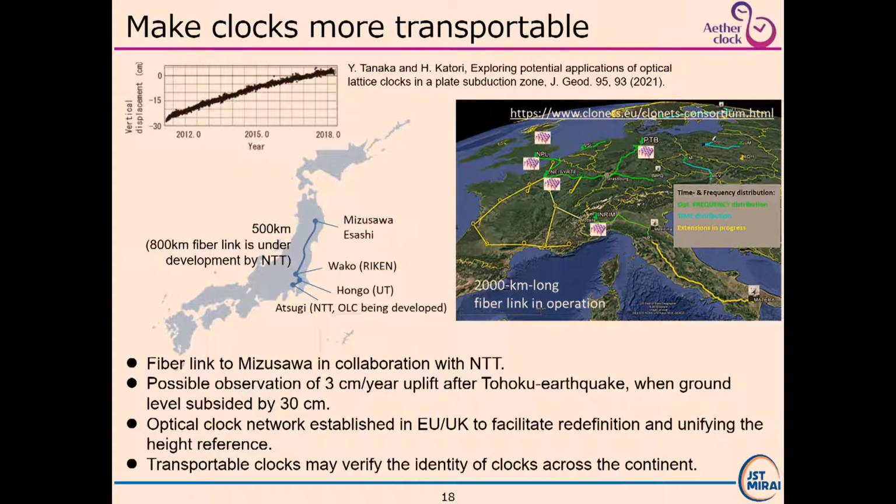So we are now making our clocks more transportable. We are working with NTT to link the fiber up to the Mizusawa area, which is 500 kilometers north of Tokyo.